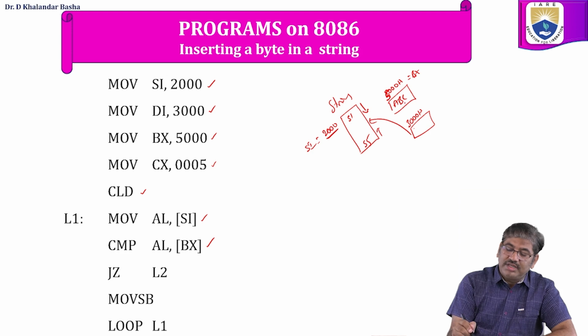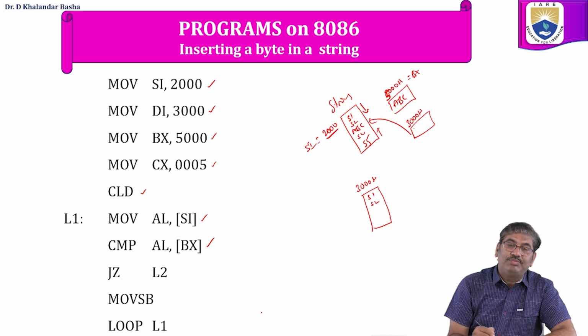Suppose S1 is not equivalent to ABC, so in the 3000 location, we are going to load the S1 data. Let us assume I have ABC after S2, so S3 is ABC. Next, we will compare S2 with ABC. As these two are not equal, S2 will be copied.